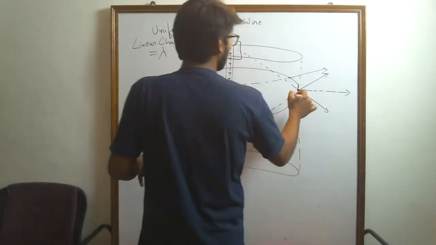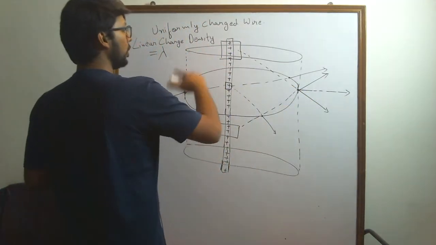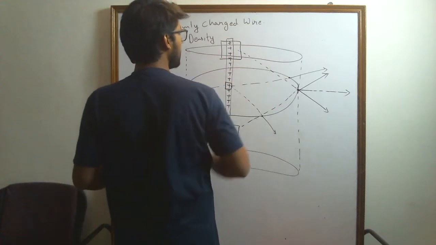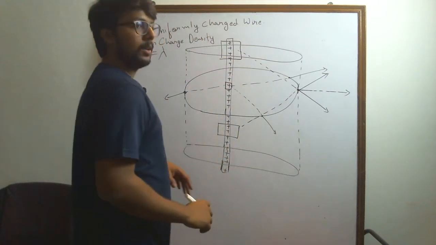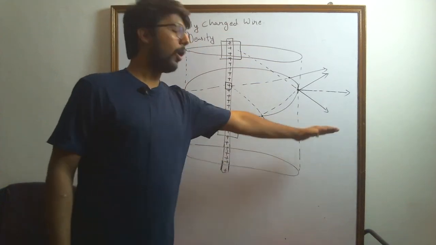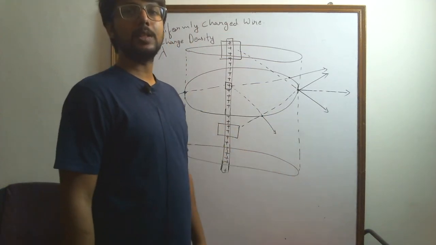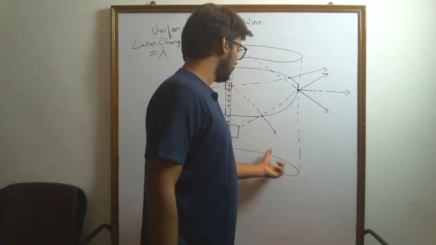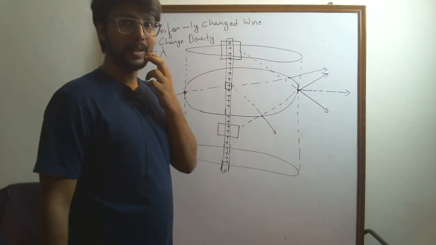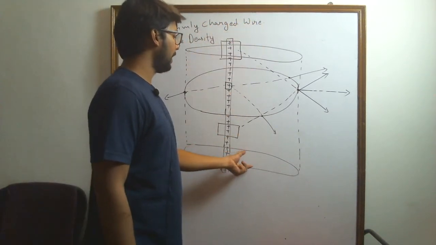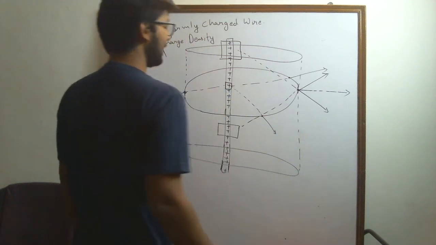So now, as I take my Gaussian surface as a cylinder, I can clearly see that the top surface and the bottom surface will have no flux passing through them. Why? Because all the electric field is radially outwards. That means it is perpendicular to these surfaces, right?